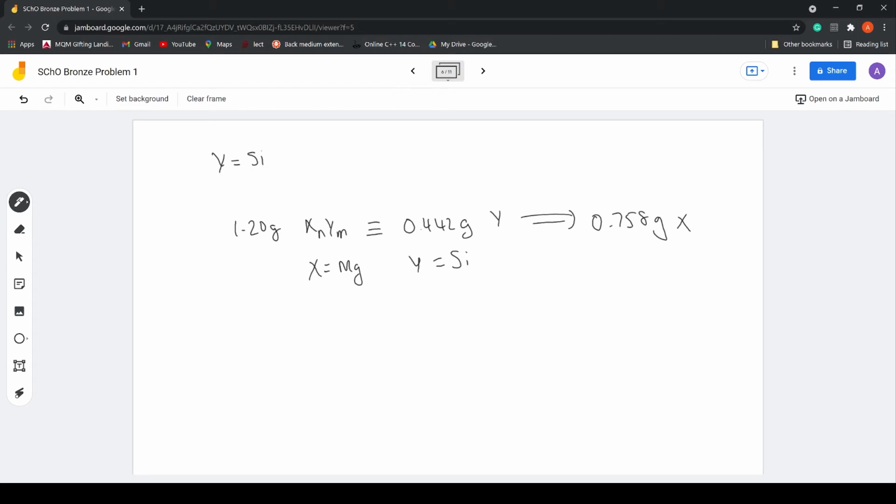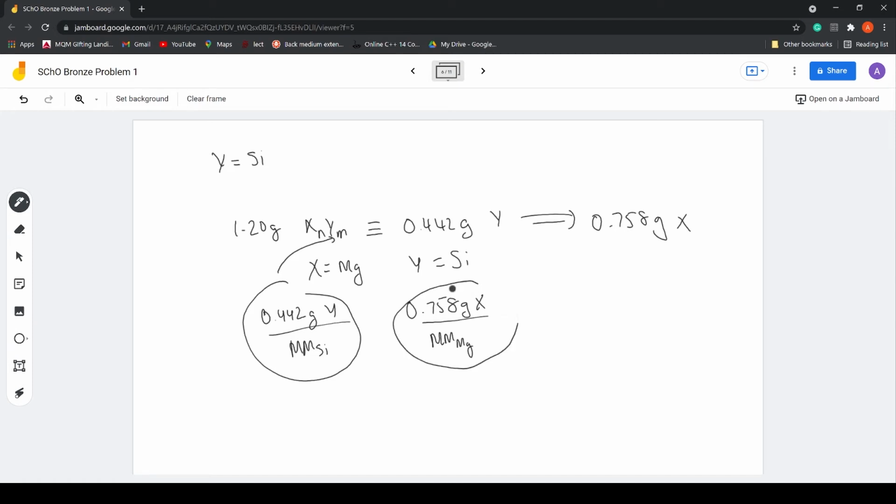So now this just turns into a stoichiometry problem. Let's take the 0.442 grams of Y, divide this by the molar mass of silicon, and the 0.758 grams of X divided by the molar mass of magnesium. And look at the ratio between these two. This should give us the molar ratio, because this is the amount of moles of Y in this compound, and this is the amount of moles of X in that compound.